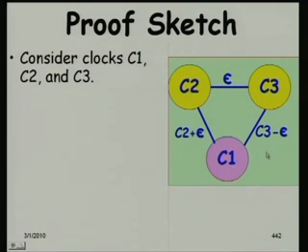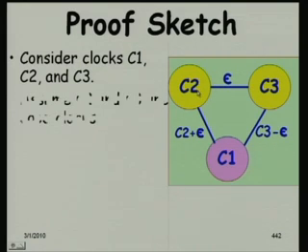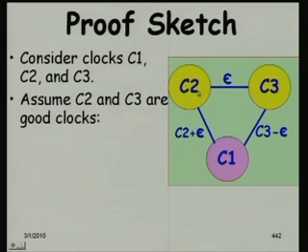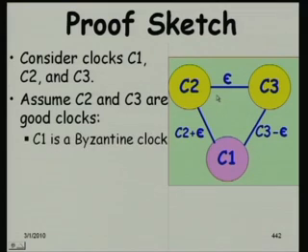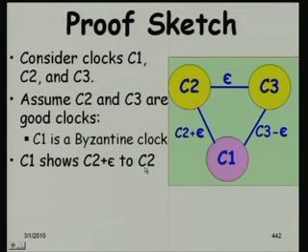It sends C3 minus epsilon to this one and C2 plus epsilon to this one, and C2 and C3 can also differ by epsilon. So, C2, C3 are the good clocks, C1 is the Byzantine clock, and C1 transmits C2 plus epsilon to C2 and C3 minus epsilon to C3.